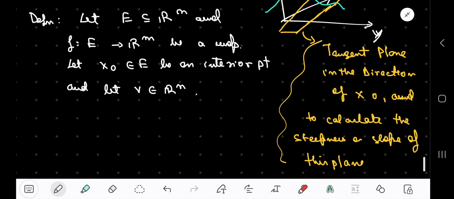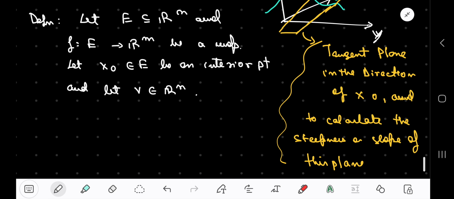Now we are choosing x naught to be an interior point, and we are choosing this direction. So this v will work as the direction. We are choosing the direction in such a way that when I consider the very small vector which originates from x naught in the direction of v, that vector is still inside E.